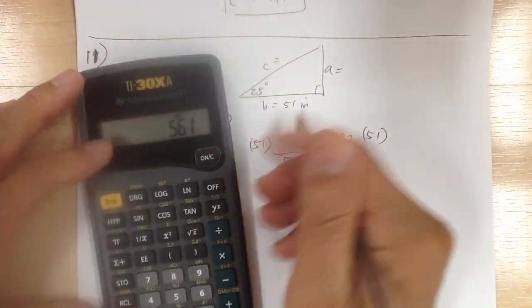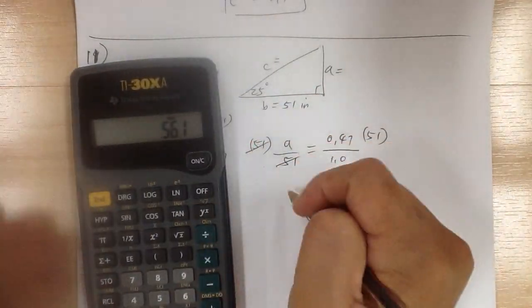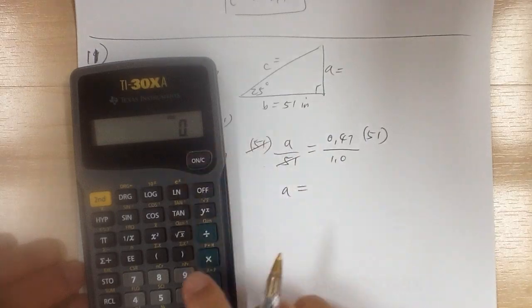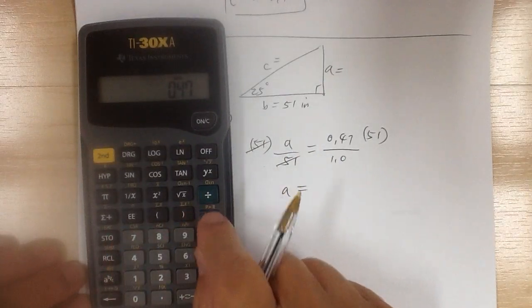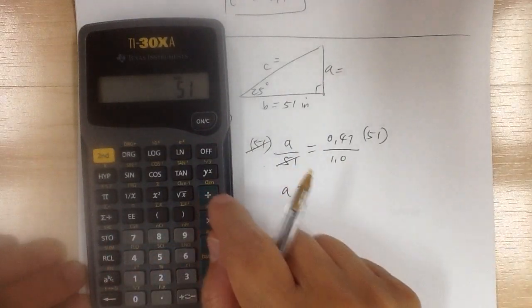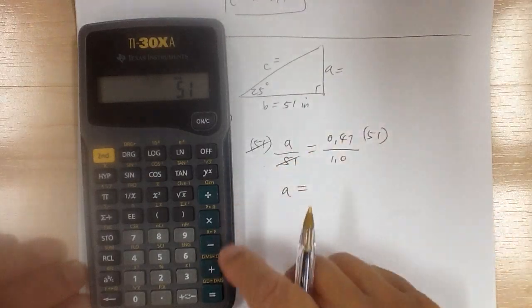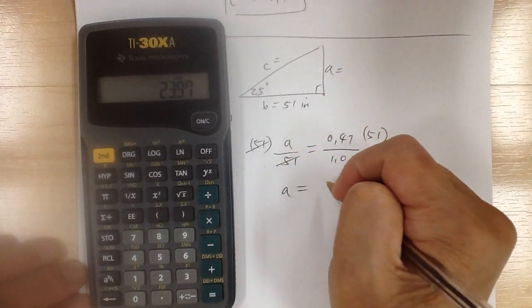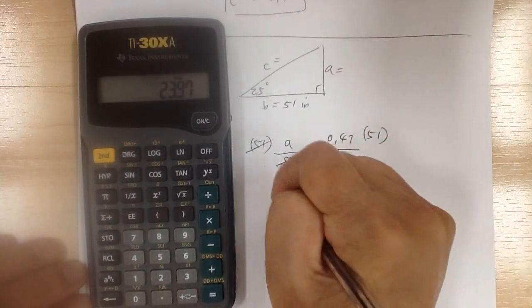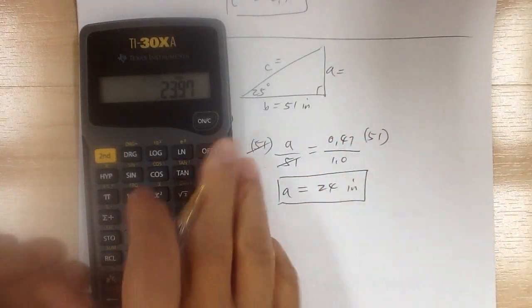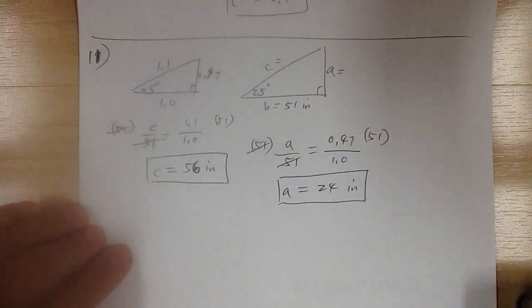So this will cancel with this, and you can figure out A. So 0.47 times 51, and divide by 1, would be just that. So it will be 24 inches. I can round off to 2 digits.